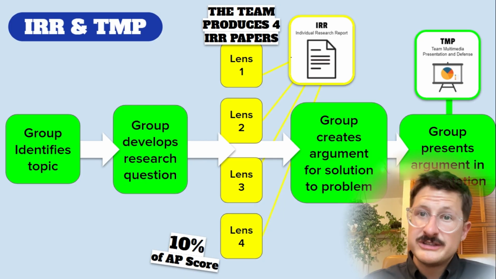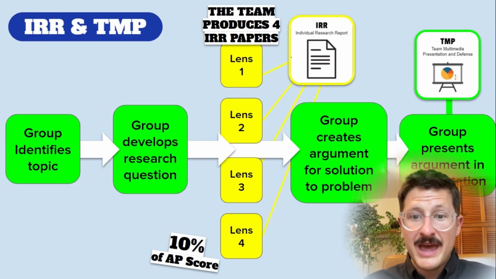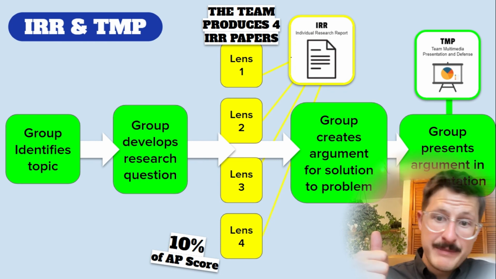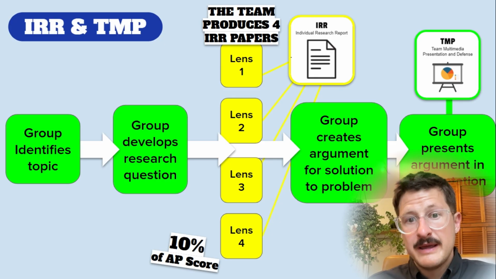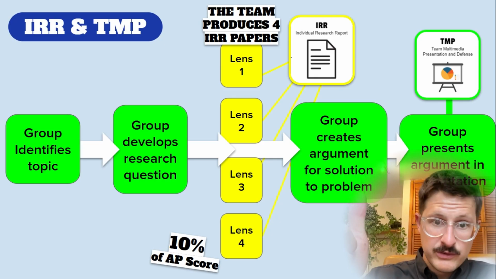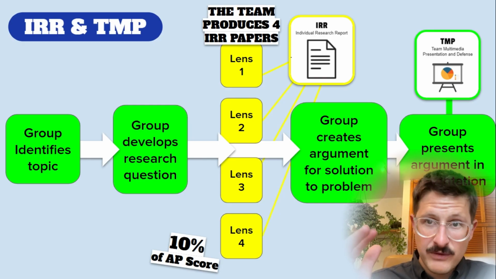And then you yourself, once you have a lens that hopefully is different from all of your group members' lenses, you then have to figure out what your paper is going to be about. Thinking about your 3 Ps, getting specific so that your report is, yes, aligned with your group's topic, yes, through a lens, but also specific and insightful.